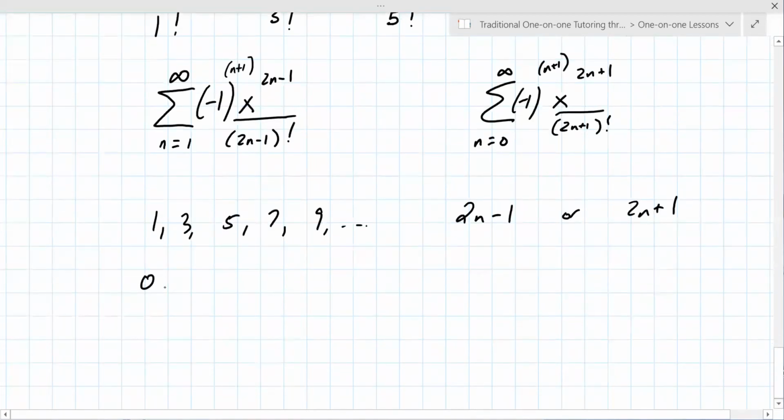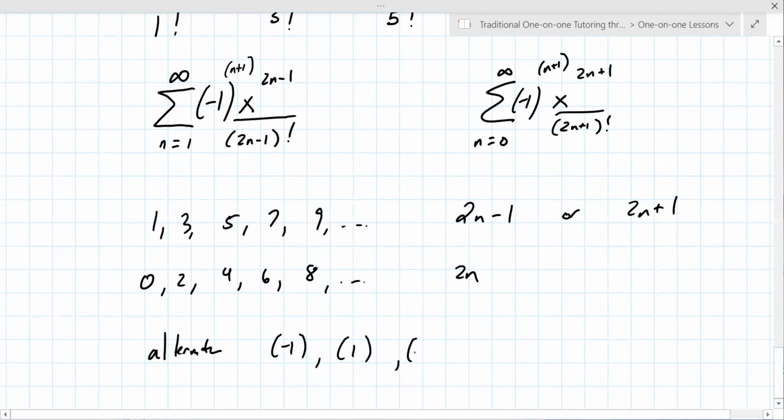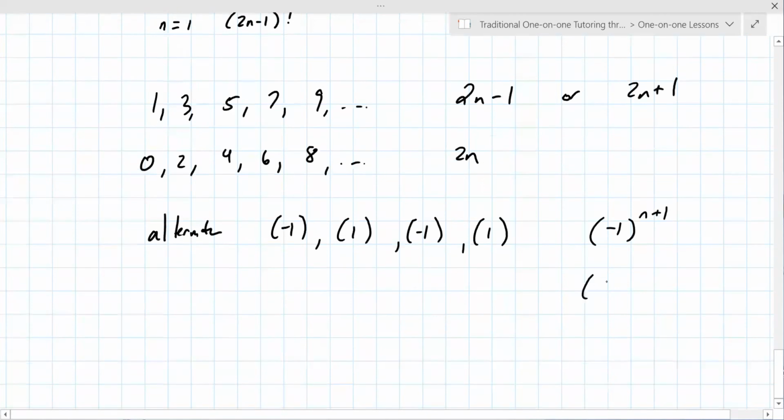The expansion of 0, 2, 4, 6, 8, so on, that's always 2n. And then the alternating part, the fact that it goes -1, 1, -1, 1 like that, it's either -1 to the n plus 1, or it's -1 to the n, depending on the order that you want.